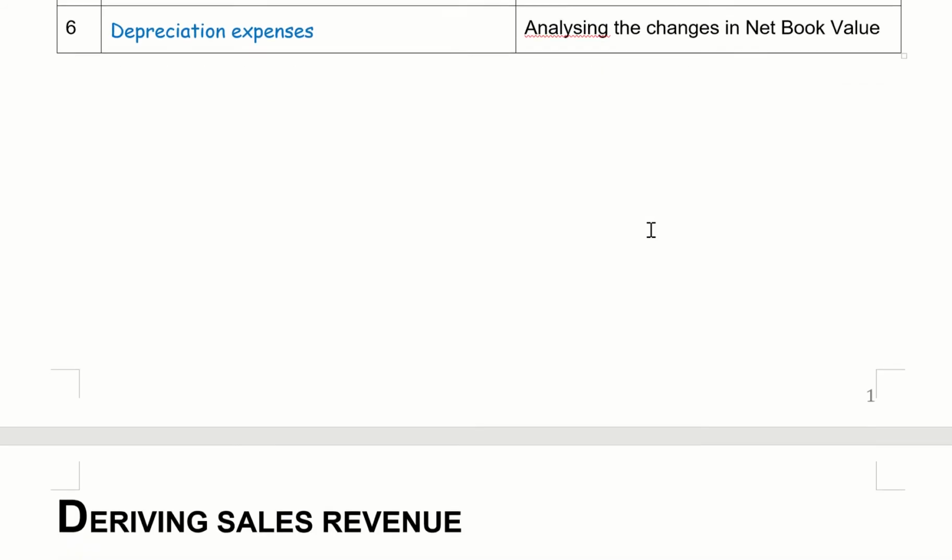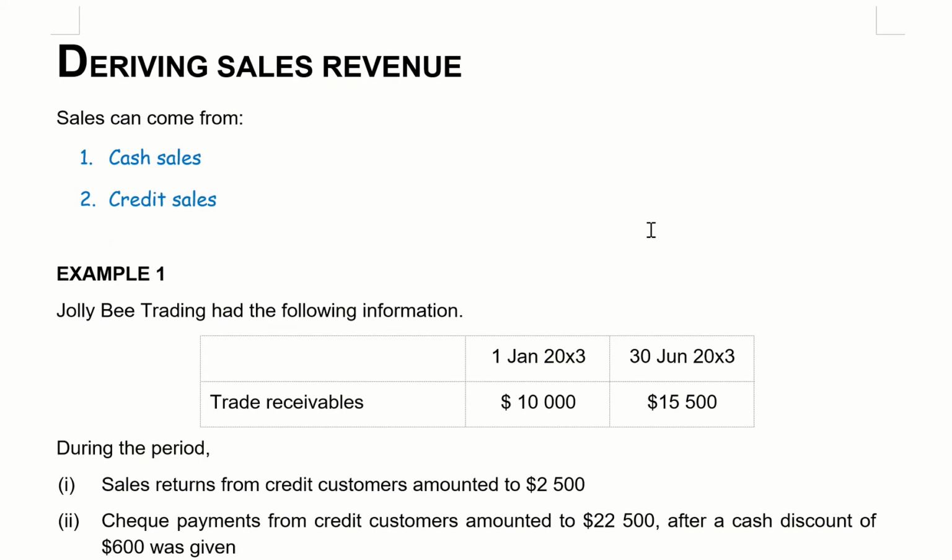Alright, so let's take a look at deriving sales revenue. Basically, sales revenue comes from two main sources. It comes from either cash sales, which means either cash in hand or a check is given to you the moment you make that sale, or credit sales, where your customer takes the goods first and pays you back later.